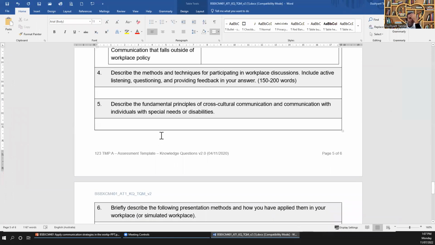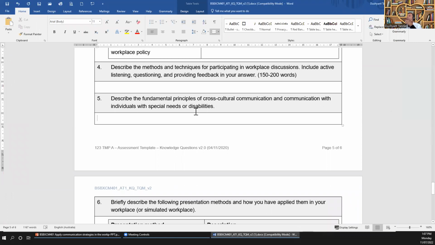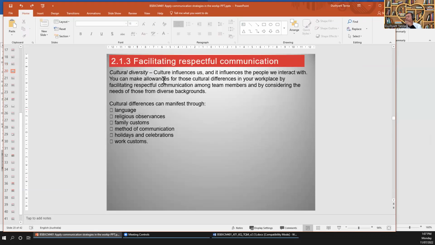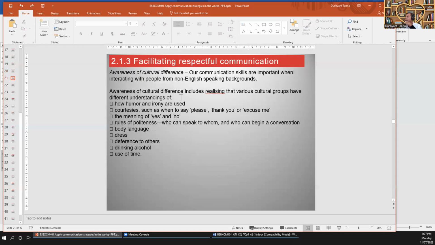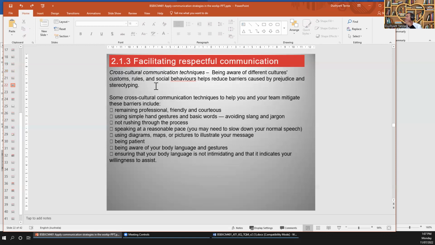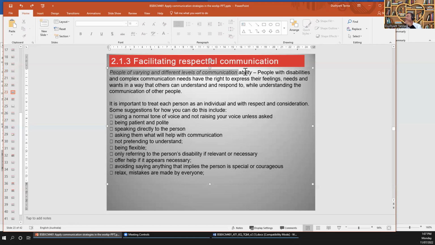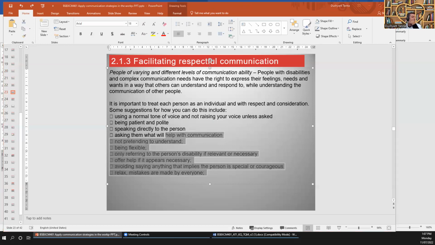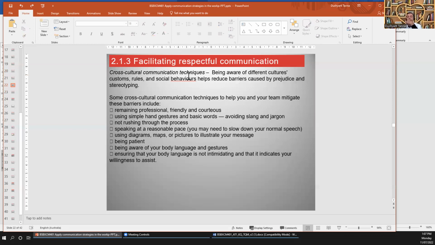Question 5, describe the fundamental principle of cross-cultural communication, communication with special need or disability. Again, it will follow from here. People with varying different level of ability. So that's about this one. Cross-cultural communication is this.